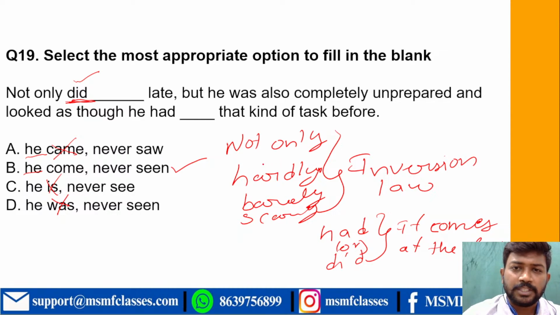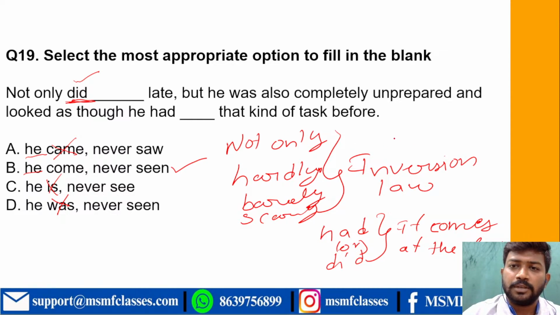Nice. So always remember this: not only, hardly, barely, scarcely. Whenever you use these kinds of words at the starting of the sentence, we must follow the inversion law. In the inversion law, had or did starts at the first. After that, you have to go with the subject.